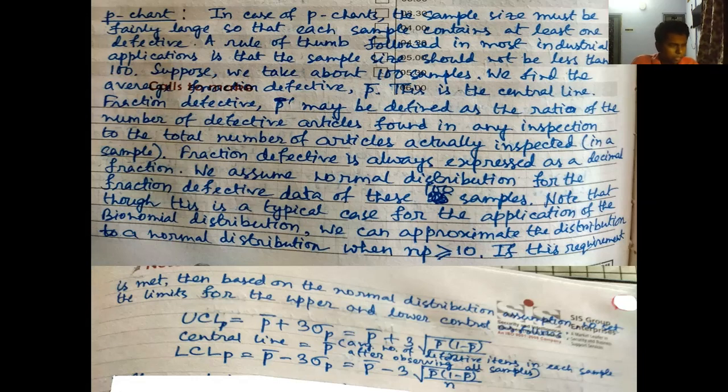It is not natural process variation. So that's why the 3 sigma limit is usually preferred.